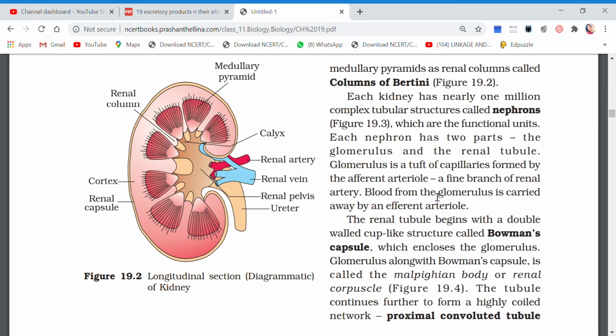So blood from glomerulus is carried away. Now children, mark my words, afferent arteriole brings in blood to the glomerulus because it is an artery, and efferent arteriole will carry the blood away from glomerulus.